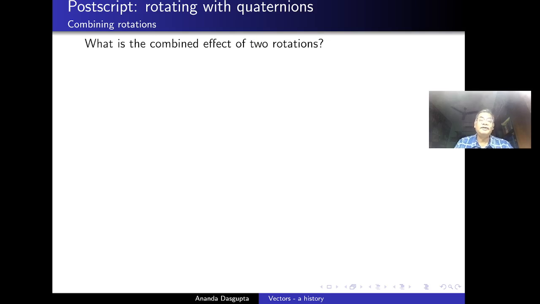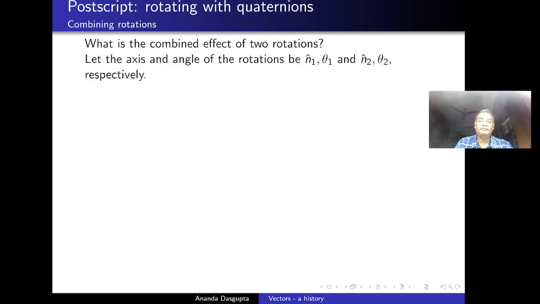But first, let's answer the question, what is the combined effect of two rotations? What rotor will tell you what happens when you first apply R1, the rotor, then R2, the rotor? So let the axes and angles of the rotations be n1 hat, theta 1 and n2 hat, theta 2 respectively.